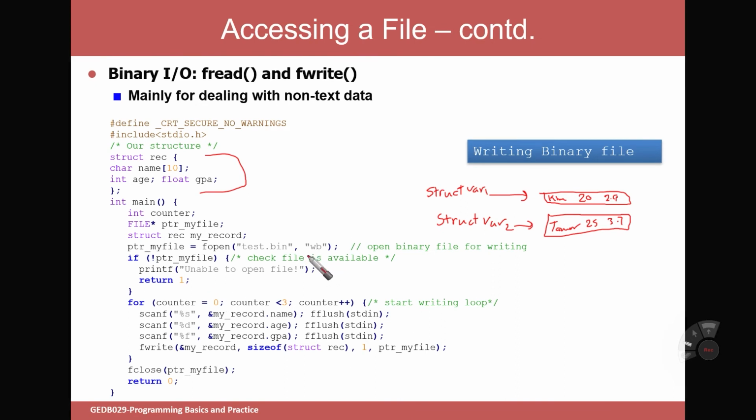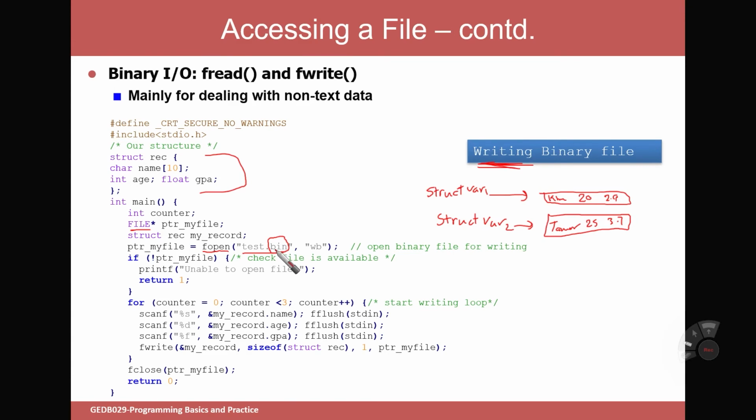So here is an example about binary file. Again, same thing, you create a pointer for a file. And then after that, you open the file, for writing in this example, and I will open this binary file. Here is the binary file. You might ask, is this bin here mandatory? No, it's up to you.